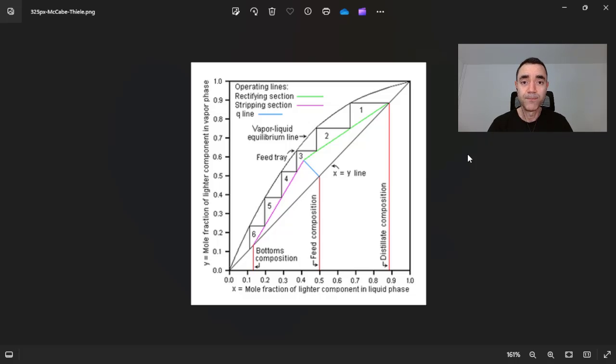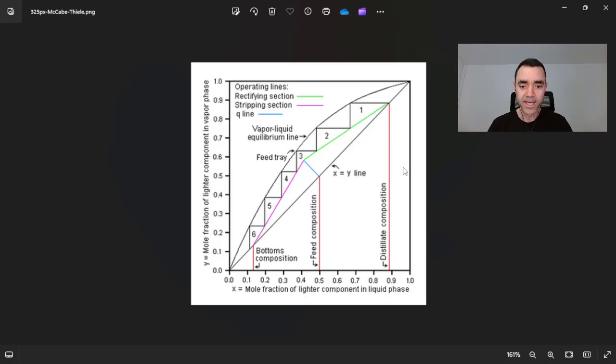And we have the minimum reflux ratio, that is the reflux ratio needed to achieve the separation of the fluids in the process. All of this information, the operating ratio, the total reflux ratio, and the minimum reflux ratio, can be seen in this graph here.